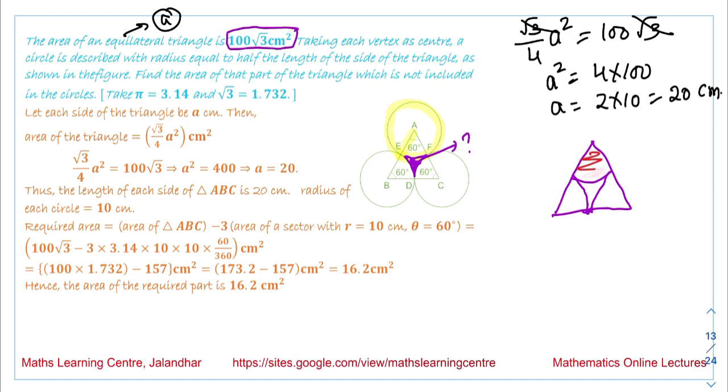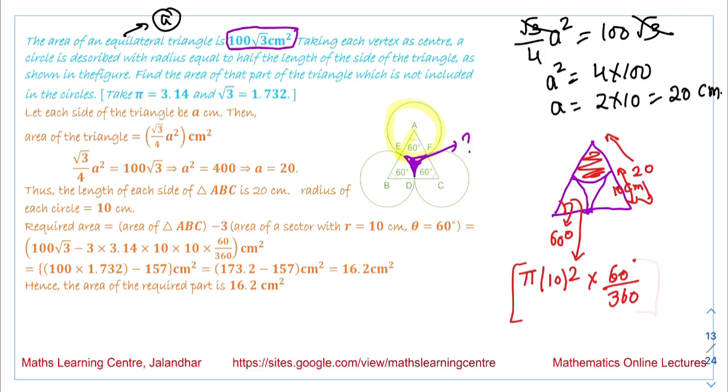Now if we calculate the area of any one of these portions, the angle over here is 60 degrees. So the area of this portion will be the area of the whole circle, pi into 10 square. The radius of this circle, this whole length, is 20. The area of this portion will be 10 centimeter, multiplied by the angle we have, 60 over 360.